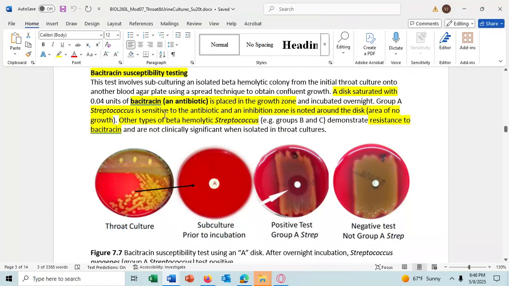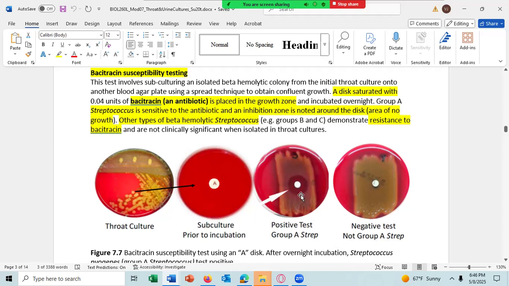So you do the bacitracin test. Bacitracin is an antibiotic, so you coat the area of the plate with the beta hemolytic bacteria, and then put on the bacitracin disc, and then you grow the culture.